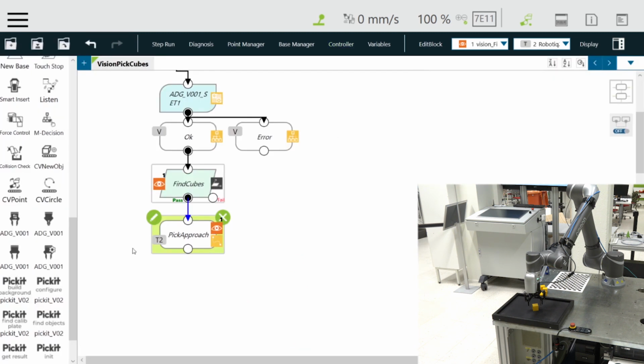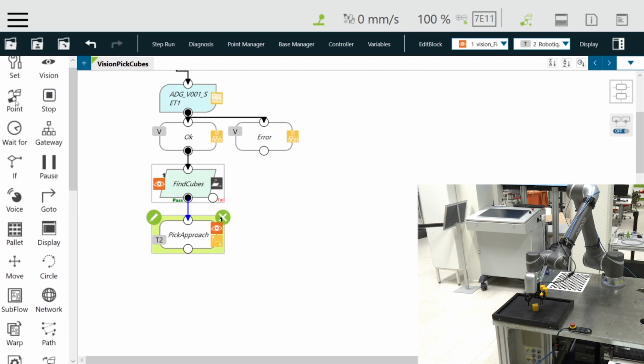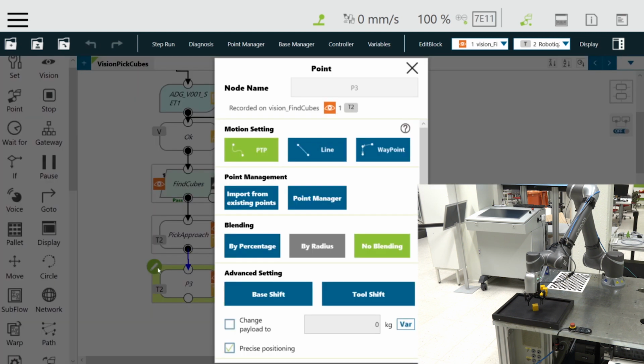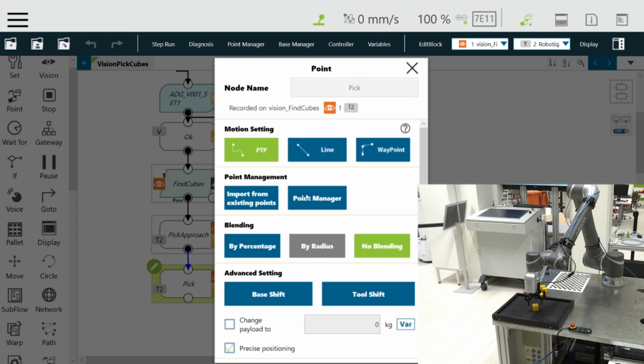And then OK. Now the robot is in the correct place. Then another point node. This is the pick point for the robot.